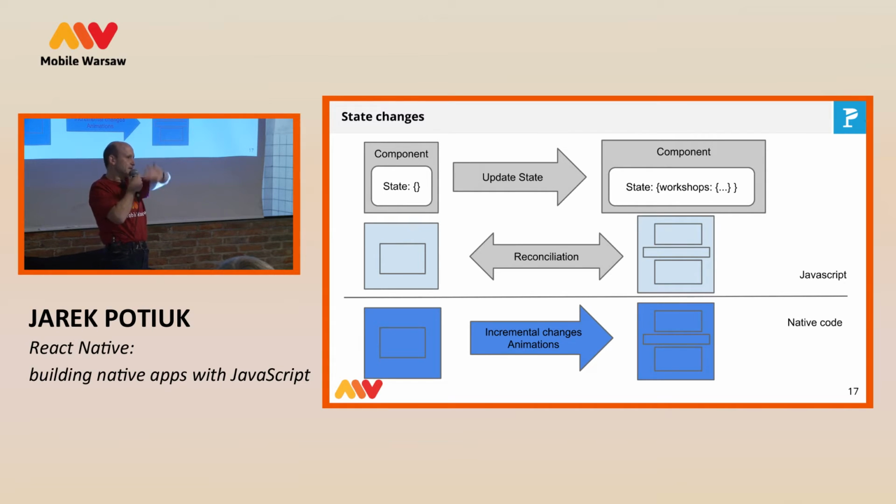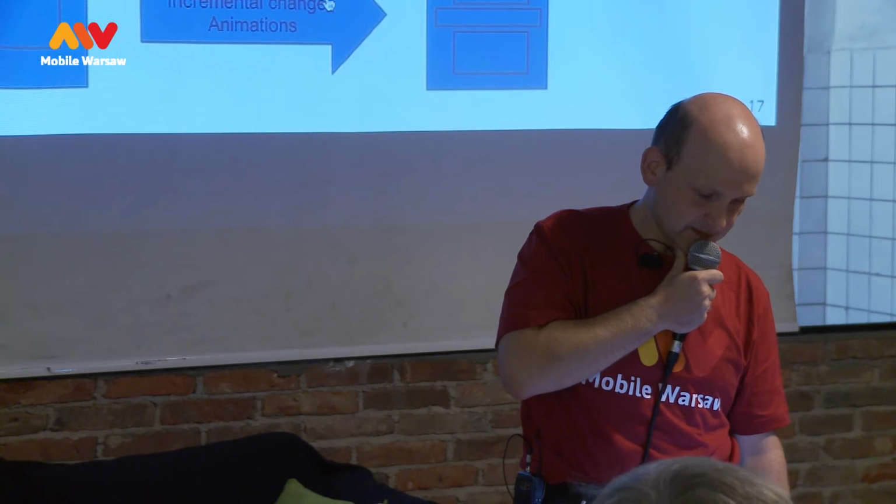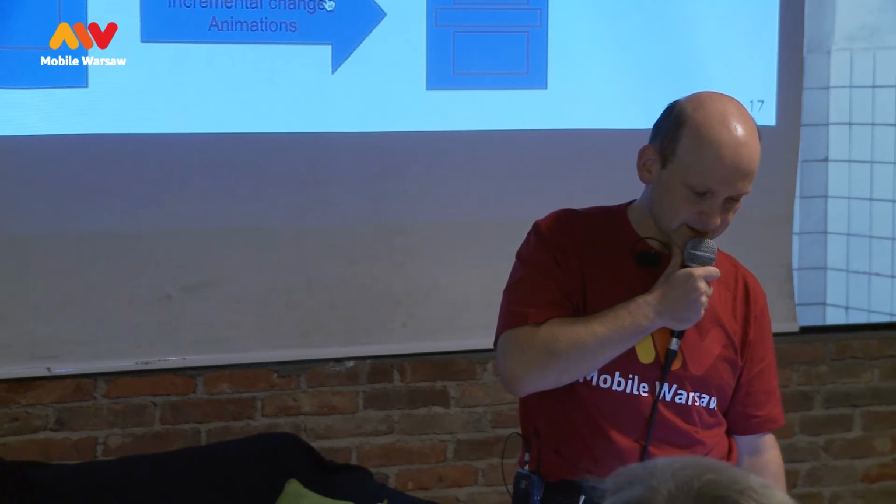Things are quite complex in different components. And it's very difficult to manage the state transition in a consistent way. It's very easy to write state before and after, and React Native actually does most of the complex work, what happens in between. So it's very easy to add animations for those state transitions.